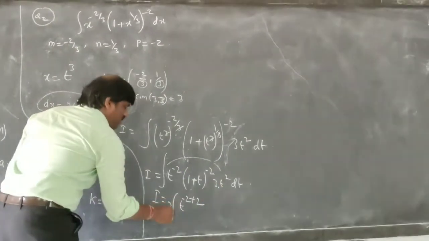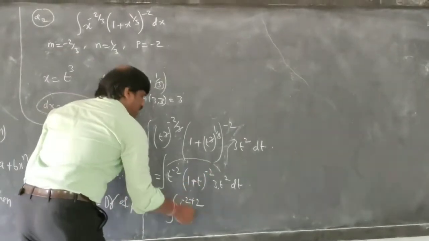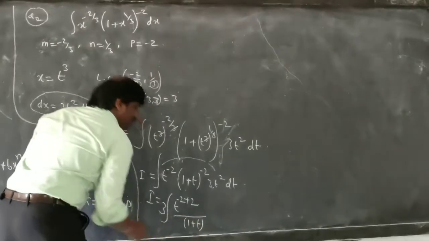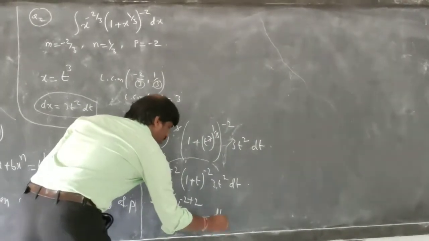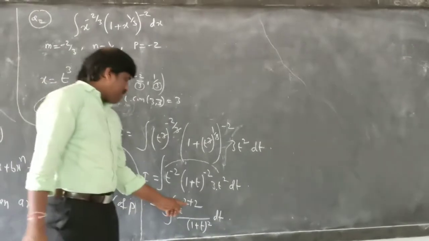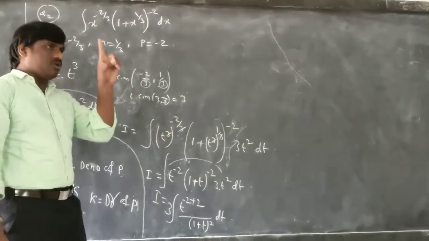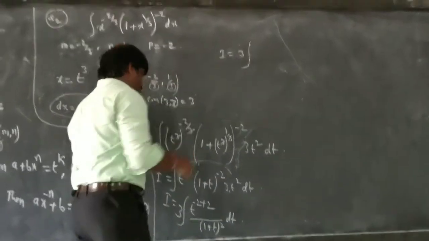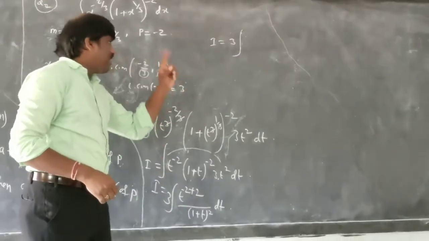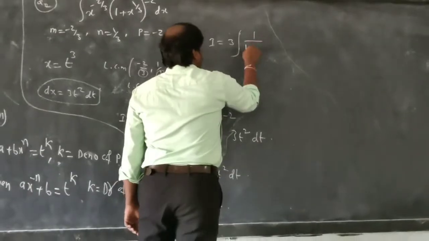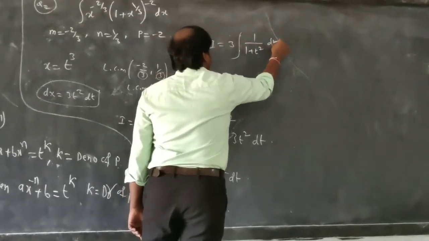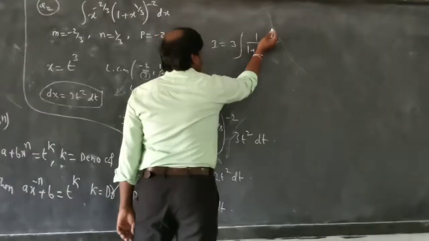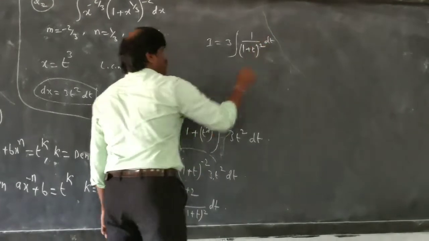And this number 3 will come out. And this I can write as 1 upon (1 plus t) whole square dt. And t power minus 2 plus 2 is 0, t power 0 is 1. So integration I is equal to 3 into 1 upon (1 plus t) whole square dt, I got.